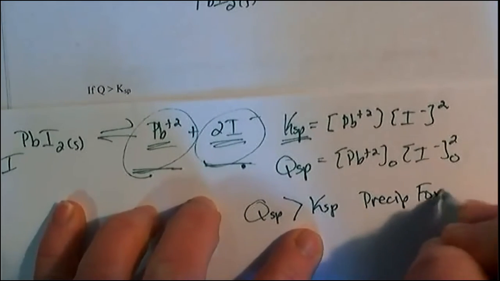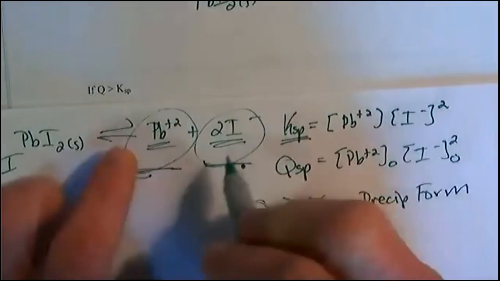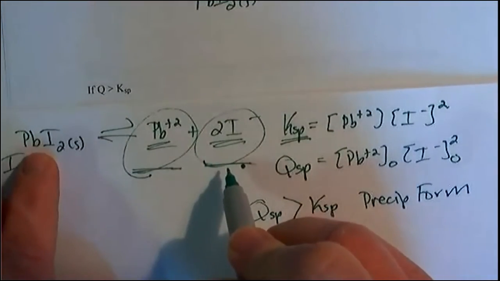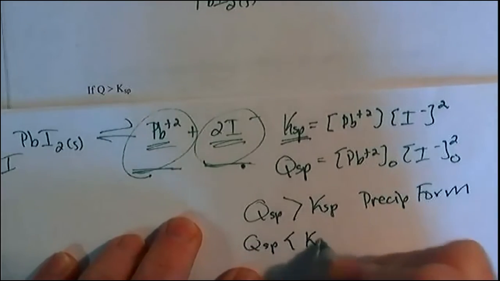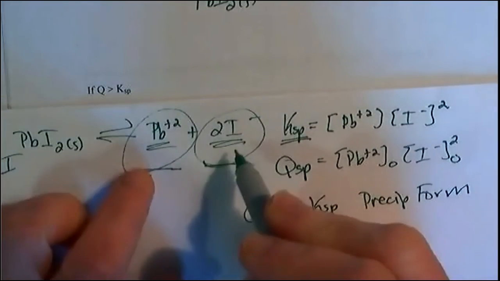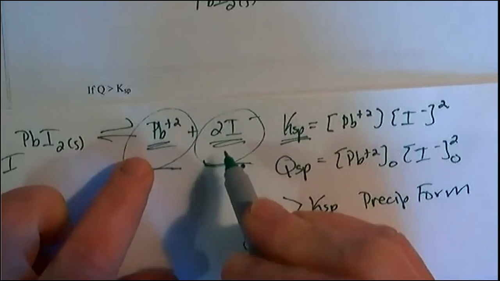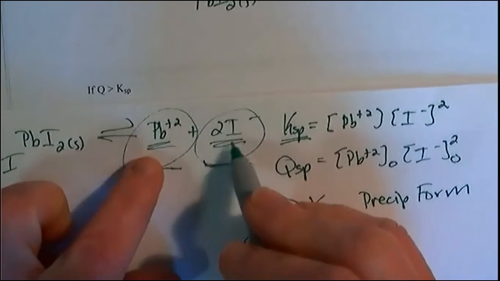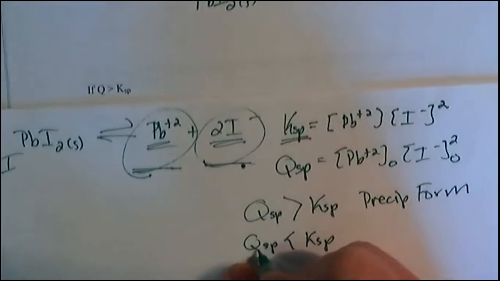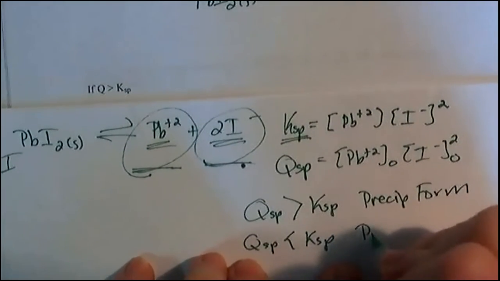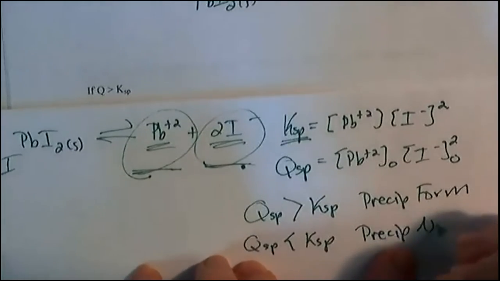We have plenty of ions that will find each other to create solid. But what if QSP is less than? Then no, just the probability, they're so low in concentration that they're not going to find each other to lead to the creation of solid. And so if QSP is less than, the precipitate will not form.